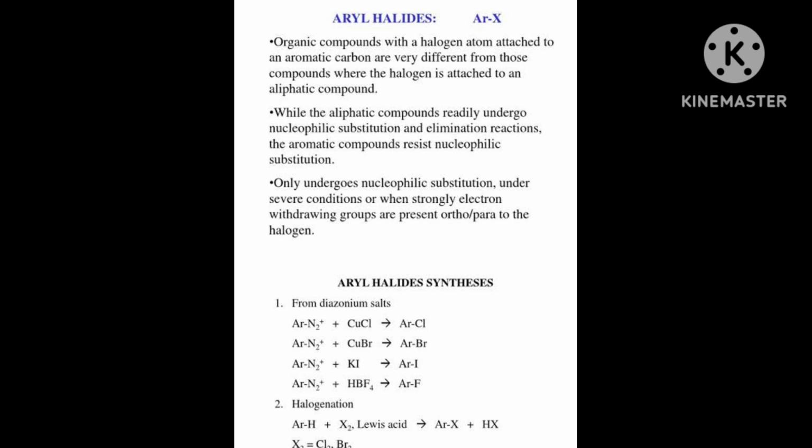In the same way, suppose this is the salt RCOOAg. Then RCOO is the minus ion, and it will replace the halide.